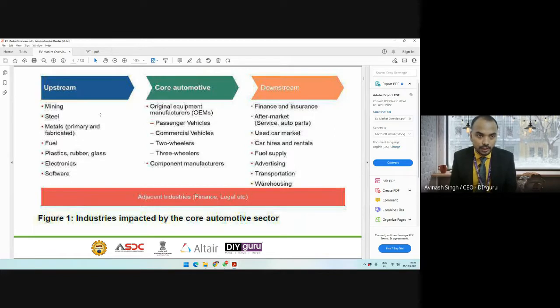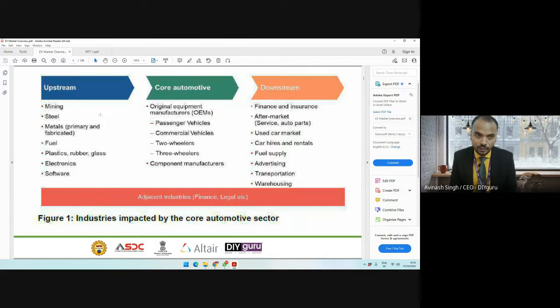When you look into the upstream side, these are the industries which make raw material for automotive. This includes mining, steel, metals, civil industry, plastic, rubber and glass industry, electronics, and software industry.